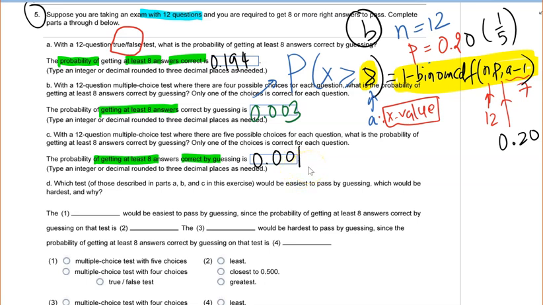Okay, then what do you think? Which test would be easiest to pass by guessing? Of course, the true-false test. It would be easiest to pass by guessing, since the probability of getting at least 8 answers correct by guessing on the test is greatest.